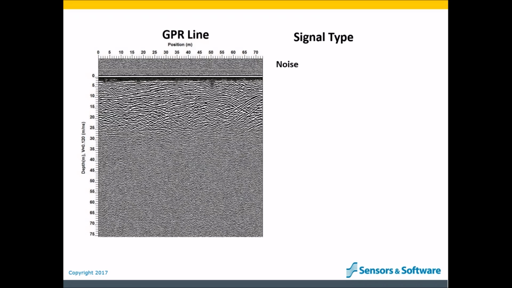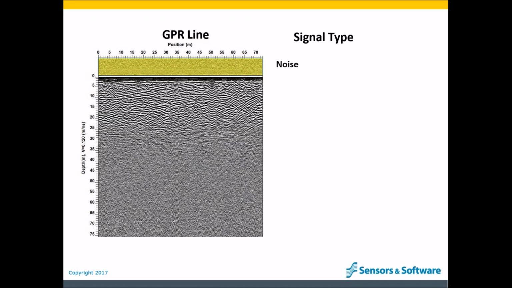It consists of other sources of radio frequency emissions: radio stations, TV stations, cell phones, military communications, police, airport communications. The sun emits radio waves. The universe emits radio waves. All of these things are potential sources for the RF noise we see at the top of the GPR line.